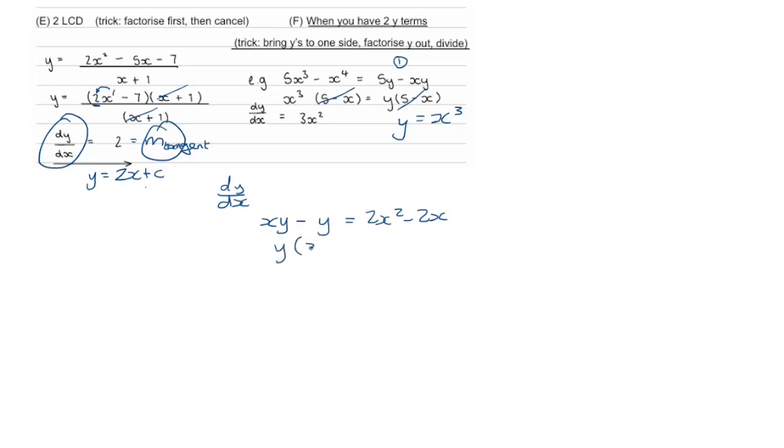Second step, take out just the y. I'm going to take out 2x so that I'm left with x minus 1. Cancel on both sides. The question then becomes basically do the derivative of that. So then it just becomes dy/dx equals 2.